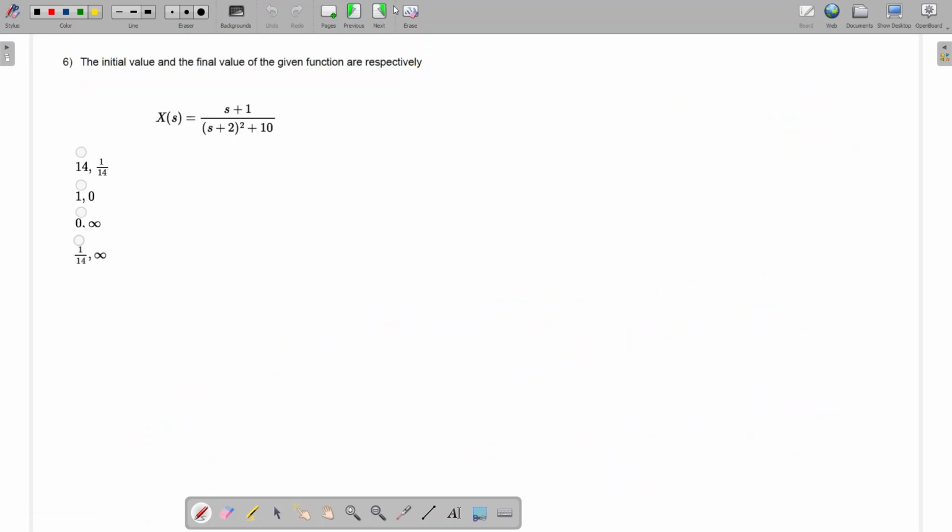Okay. So can anyone tell what is the initial value theorem and final value theorem? Everyone knows this rule? Initial value means at t equal to 0, which means s tends to infinity. At t equal to 0 is the initial value and t tends to infinity is the final value. Limit t tends to 0 of x(t) is called the initial value.